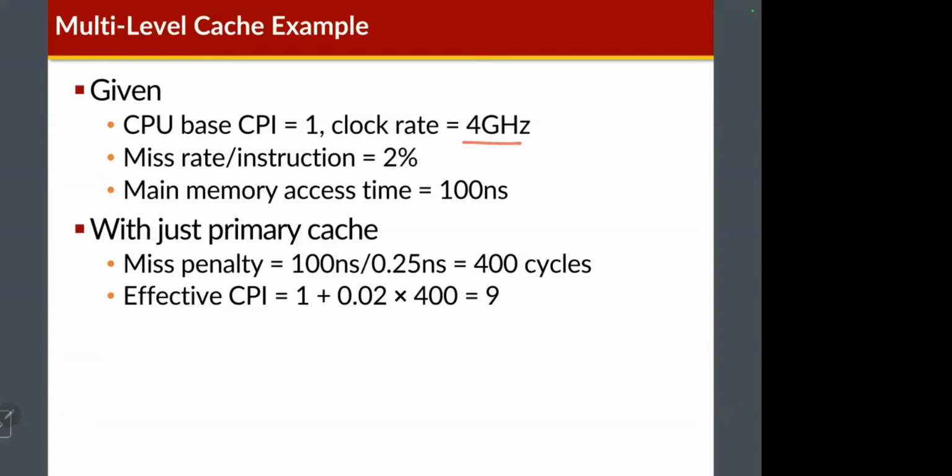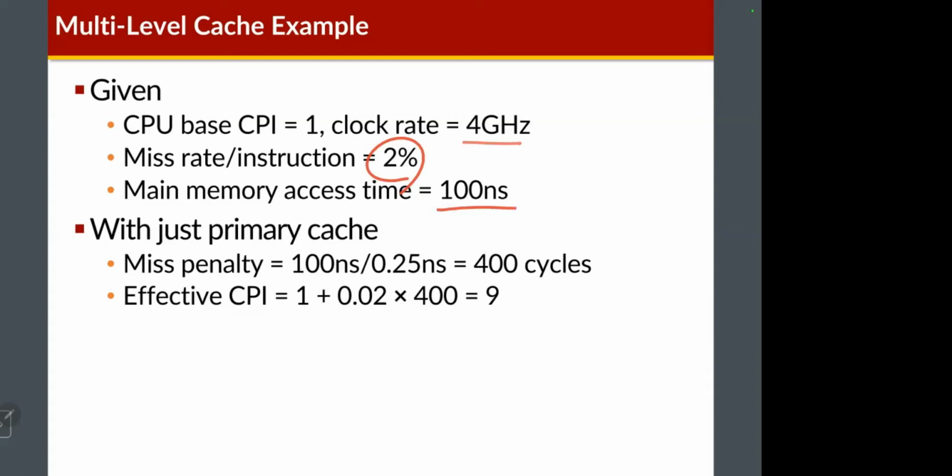This is the miss rate per instruction, so it's the total number of cache misses divided by the total number of instructions. It's 2%.